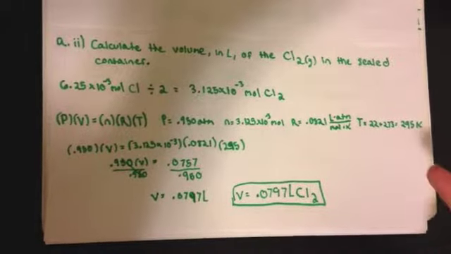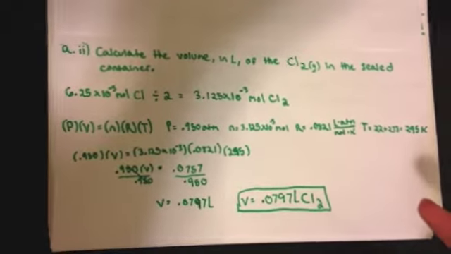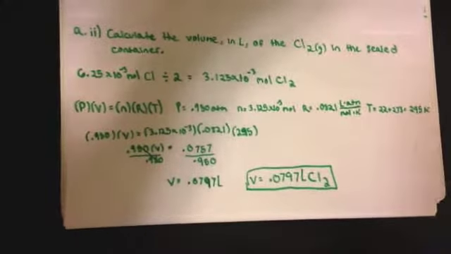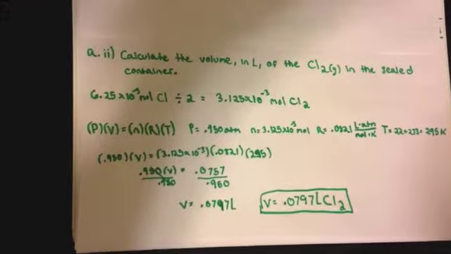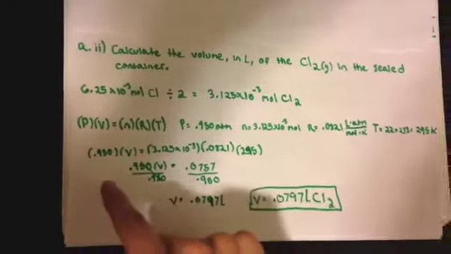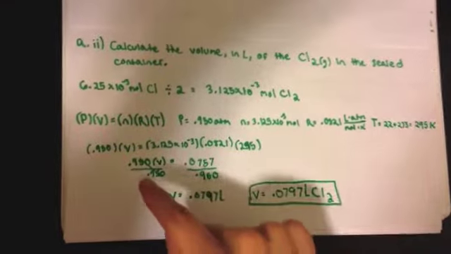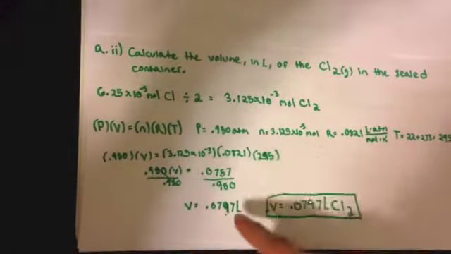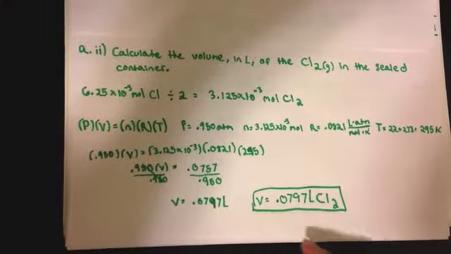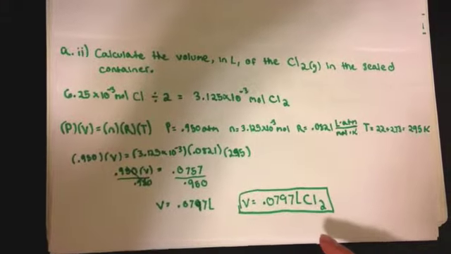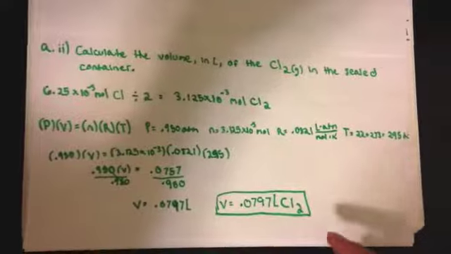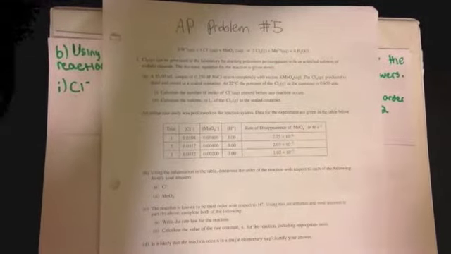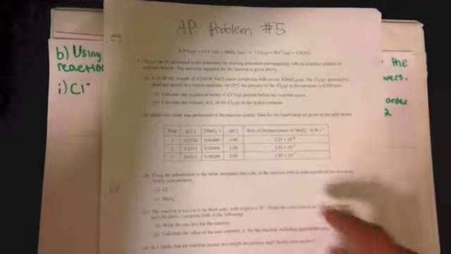The constant is 0.0821 liters times atm over moles Kelvin. And the temperature is 295 Kelvin. After we plug it in, we divide this side by 0.95, and we end up getting a volume of 0.0797 liters of Cl2.